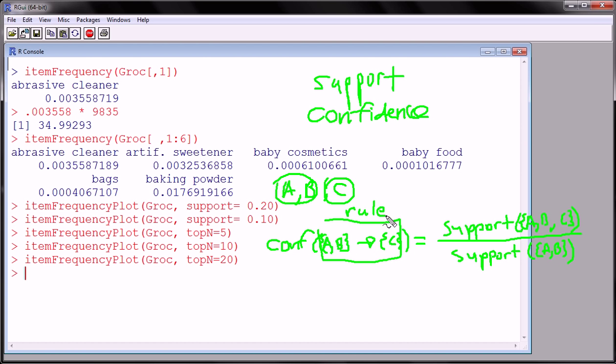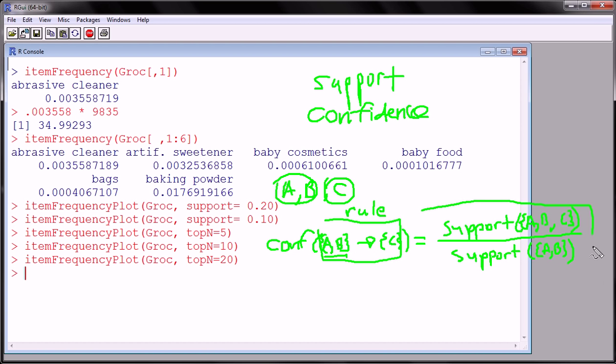So this is a rule, and this is kind of alluding to association rules. The confidence of a rule, you can think of it as, let's look at only the transactions in the data that have items A and B in them. Throw out all transactions that don't have A and B. What proportion of those transactions also have item C?